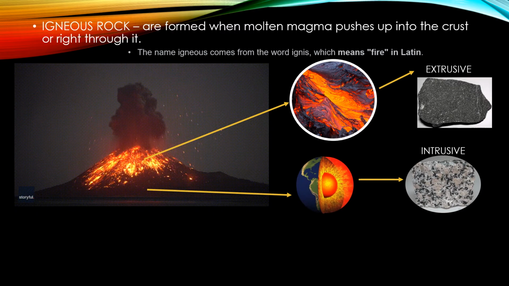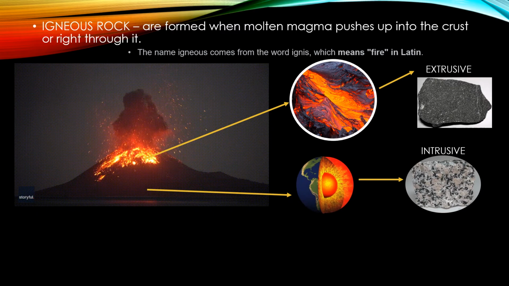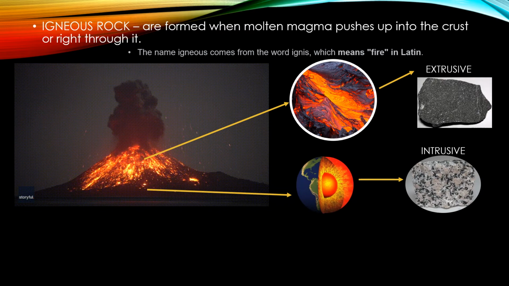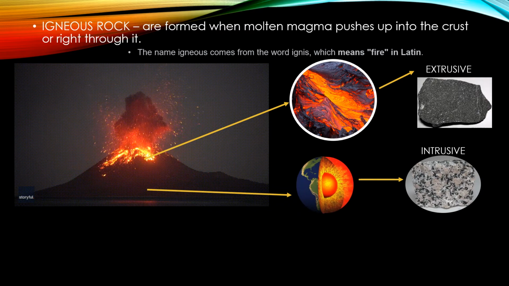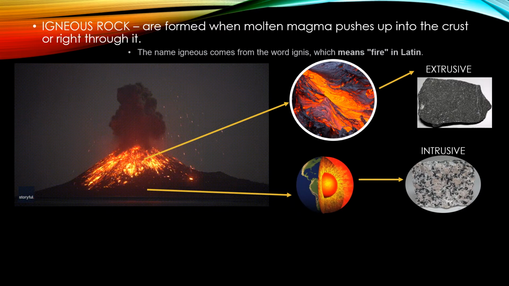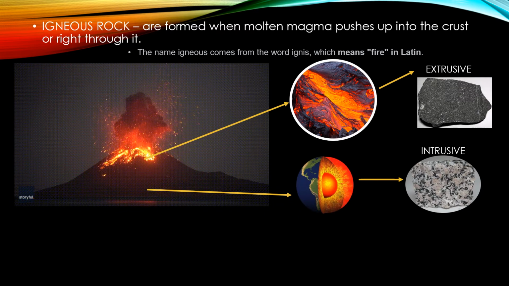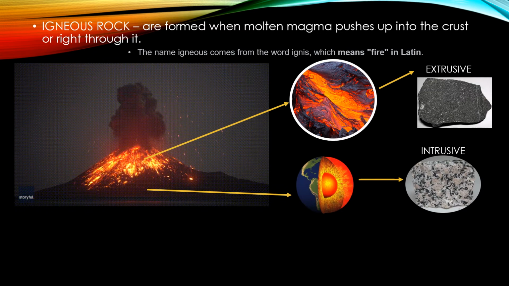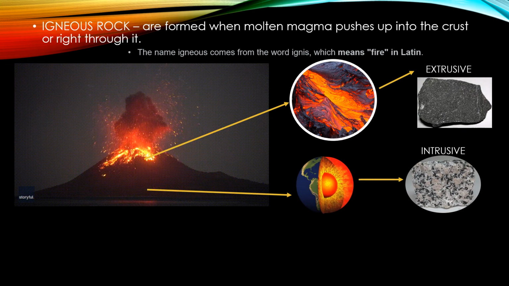And basalt is also known as marble. Intrusive rocks can also be called metamorphic rocks because intrusive rocks are being pressured and heated inside the inner part of the earth.